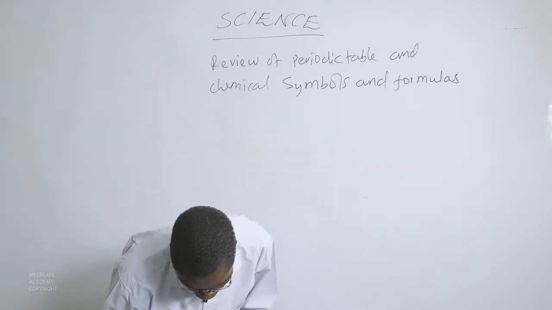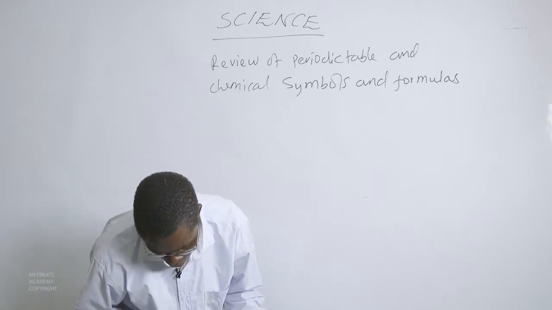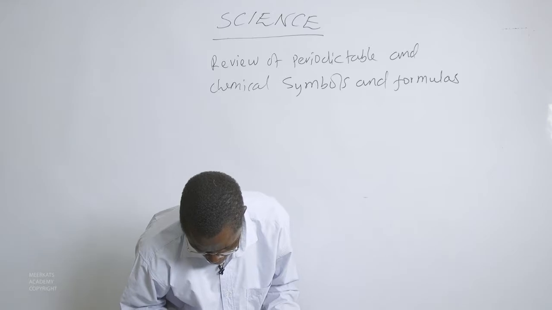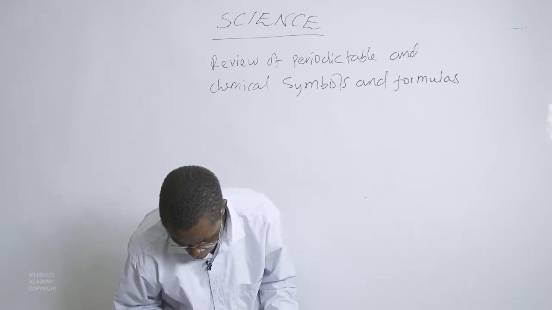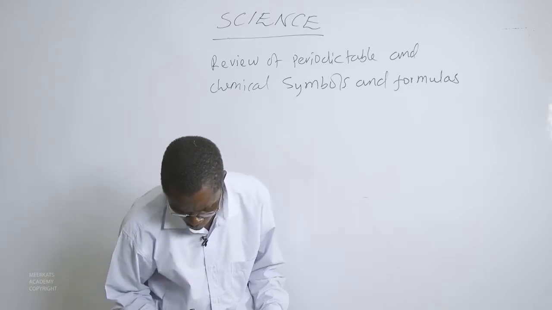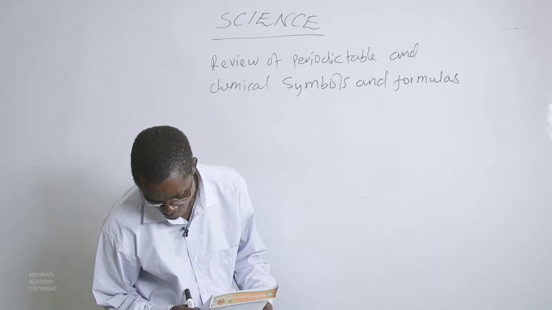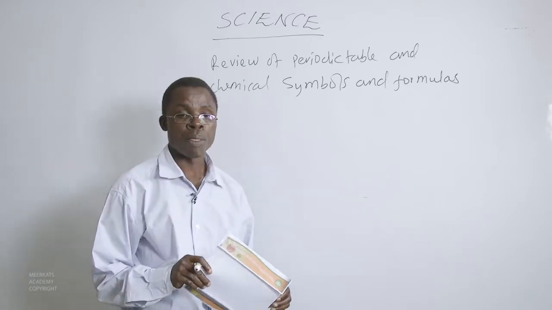Another question to do with the periodic table and something previously covered. Predict, or let's get this one. Which of the following scientists first developed a simple version of the periodic table?